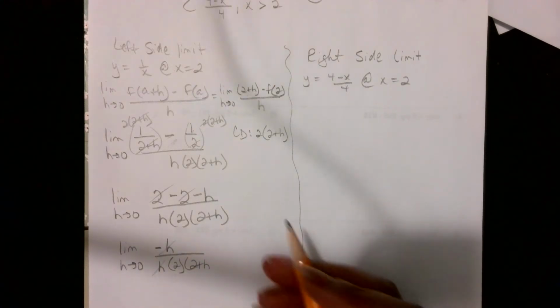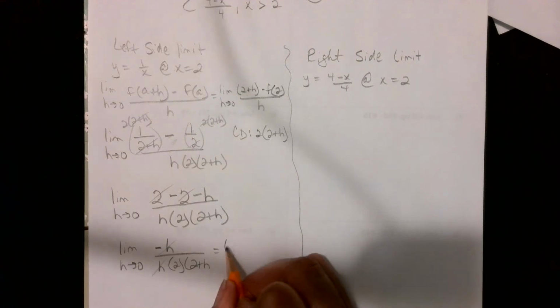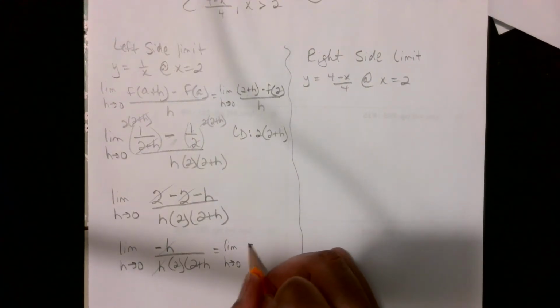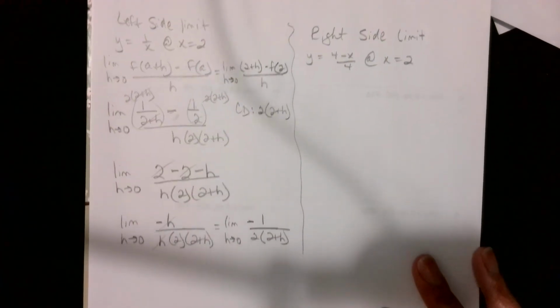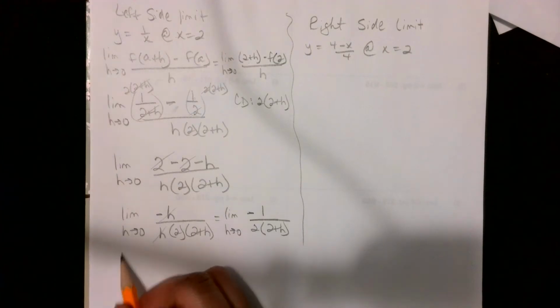That reduces. So we get the limit as h approaches 0 of negative 1 over 2 times 2 plus h. Now we can plug the 0 in.